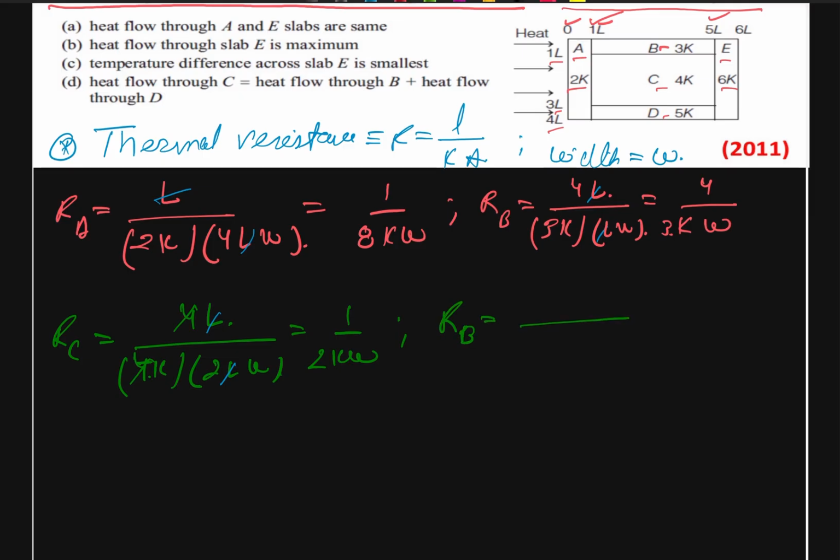We found out A, B, C, and we come to D. R of D will be same, and its length is 4L, and it is 5K, and the area comes as L times W, which will be equal to, L and L cancel, so 1 upon 5KW.